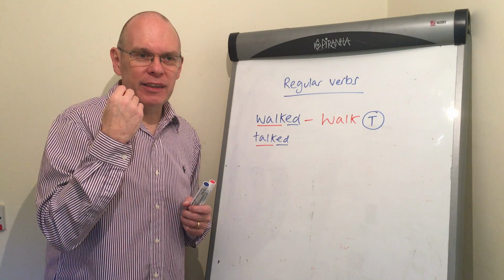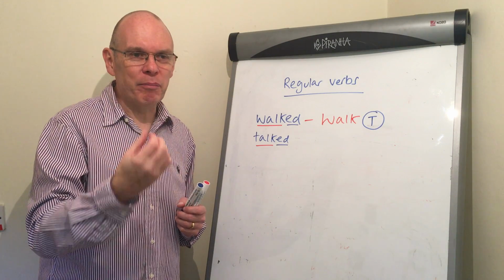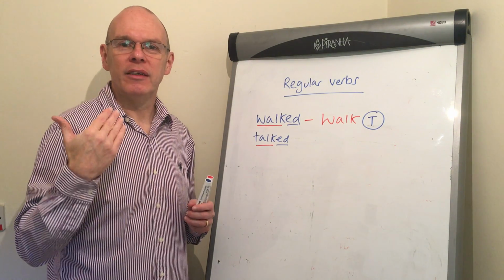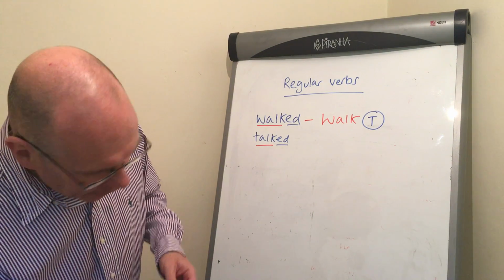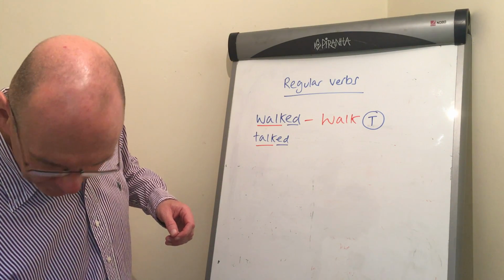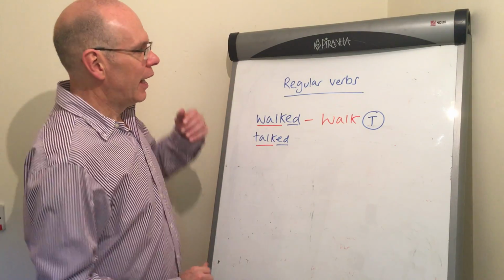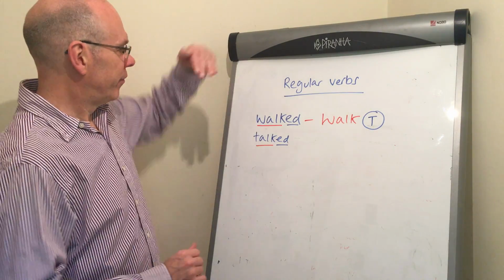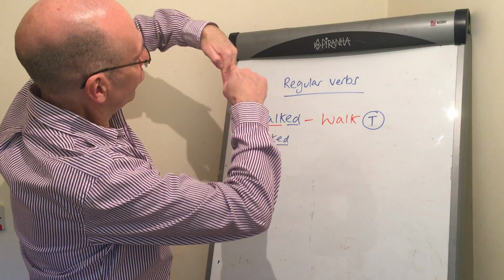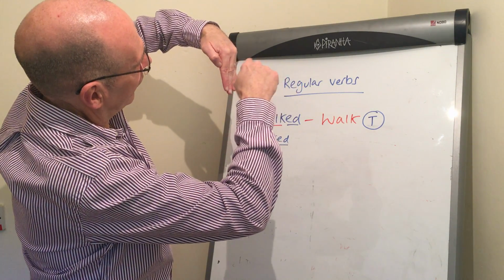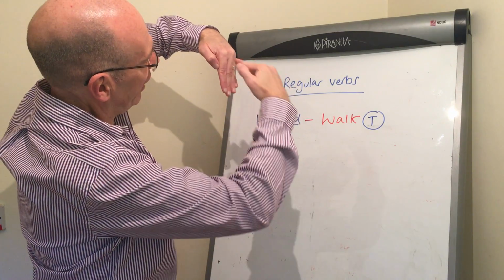It's created by movement of the tongue. Now, if you imagine the teeth at the front of the mouth, so here are the teeth, and this is the roof of the mouth. The tongue is here.